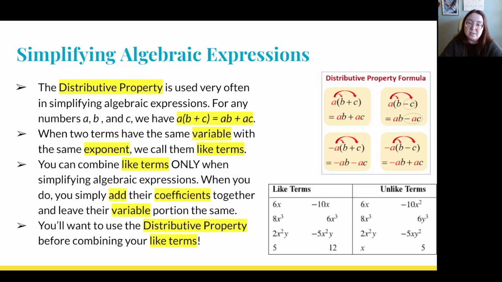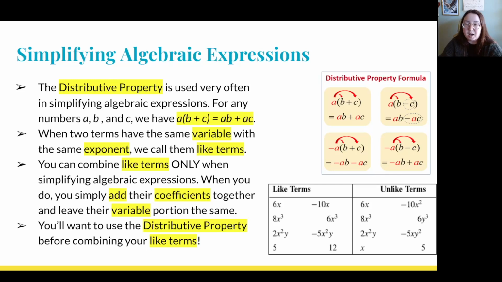And you'll want to use the distributive property before you combine any like terms. So if the point of a problem is to combine your like terms, you do want to make sure that you use your distributive property, get rid of any multiplications or divisions, so that all you're left with is the sums and differences, your addition and subtraction.